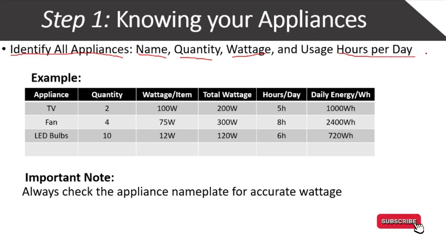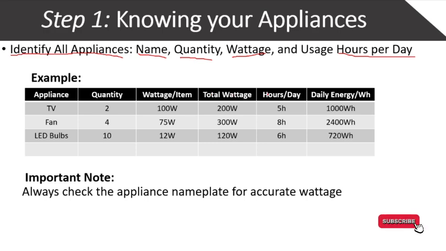Now, this is a small example of how a load analysis table should look. The first column is our appliances, and the second column is their quantity. The next column is their wattage, that's their power consumption, and the next is their total wattage.